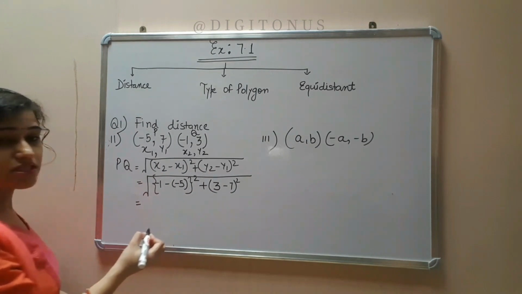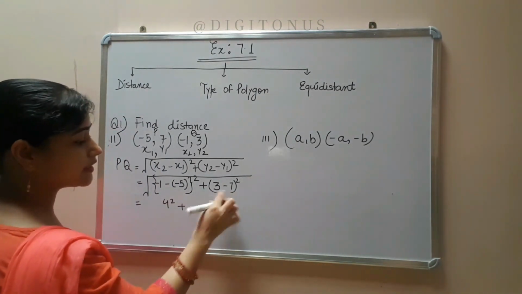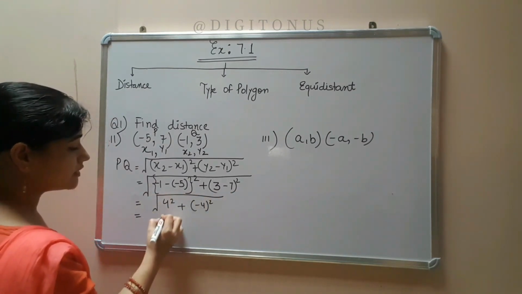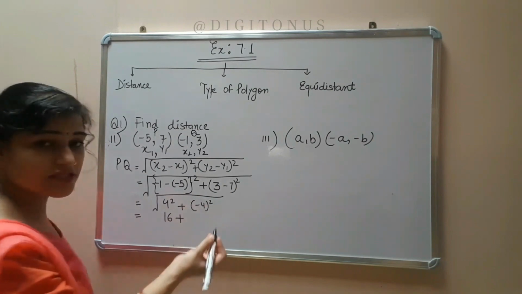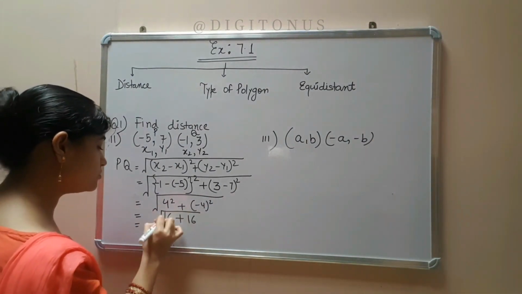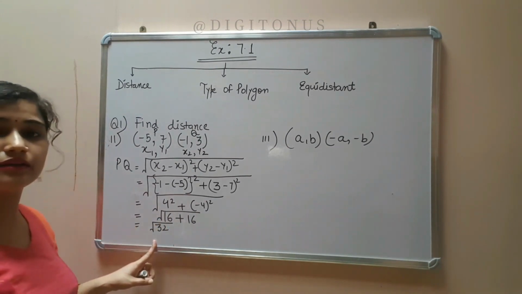So minus 1 plus 5 will be plus 4. And 3 minus 7 will be minus 4. Clear? It will be 16 plus 16, since minus 4 square is also 16. Under root that means 32. The distance is coming under root 32.